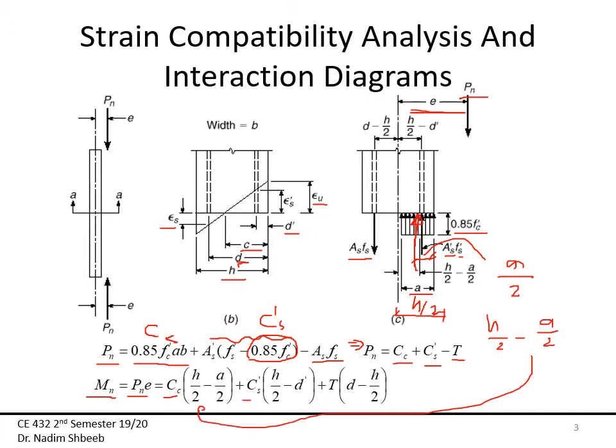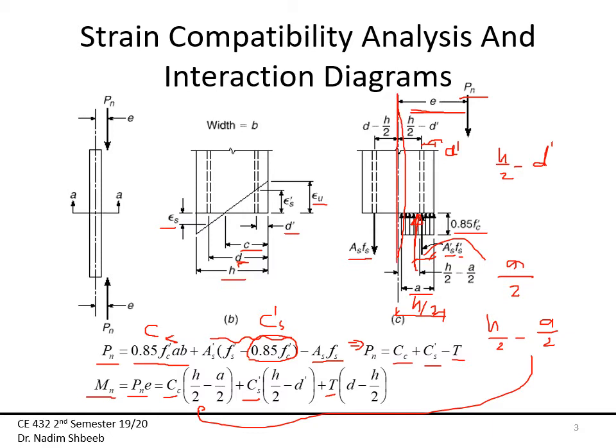Then I'm going to move on now to the compressive force by the compressive steel, which is C prime s. So if the distance from here to here is d prime, then the distance that I'm talking about is going to be h/2 minus d prime. Moving now to the tension force, again I'm taking the moment about the center right here. So this is where I'm taking the moment about this axis.